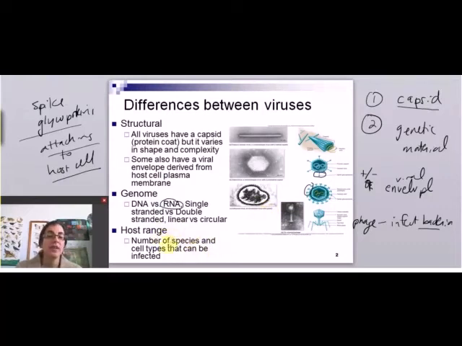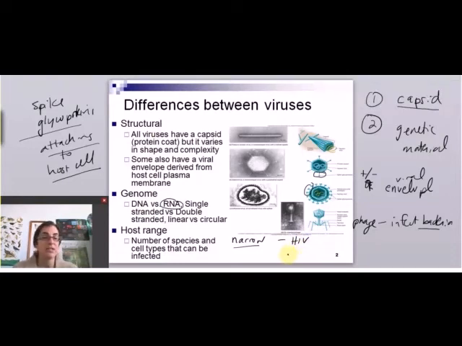The third way that viruses differ from each other is in their host range. The host range is the number of species or cell types that can be infected by that particular virus. Some viruses have a very narrow host range. HIV is a good example of a narrow host range. It very specifically infects human immune cells.